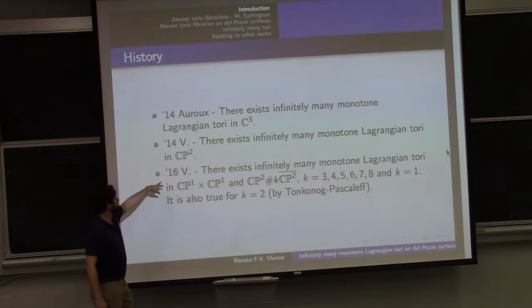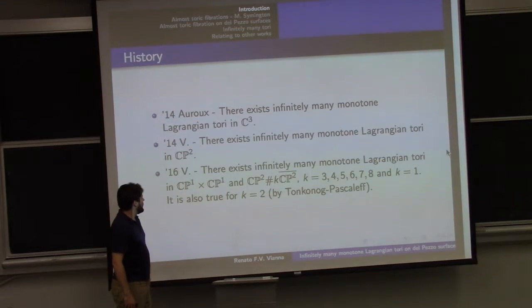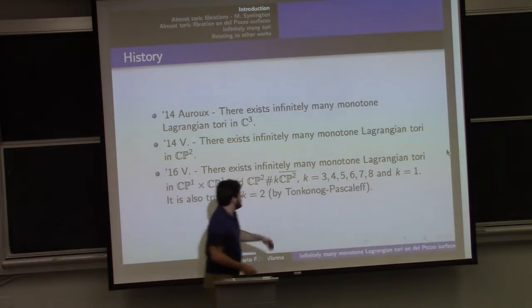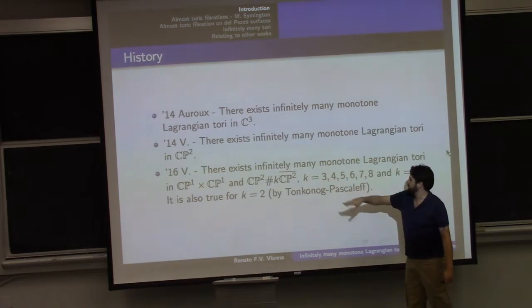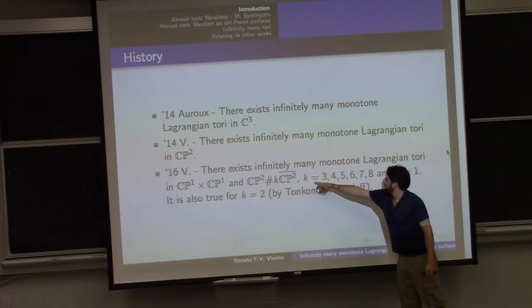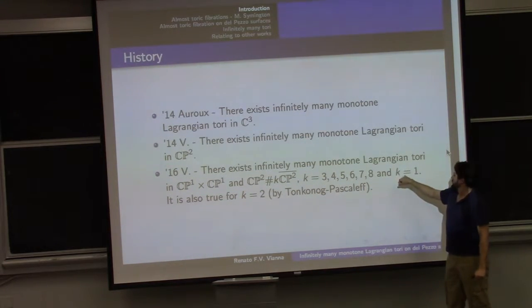Now this year I finished writing my paper where I proved that there exist infinitely many Lagrangian tori. I could conclude it easily for P1 times P1 and the k-point blowups of CP2. For k equals 1, I had to use a slightly different strategy to prove that they are different.